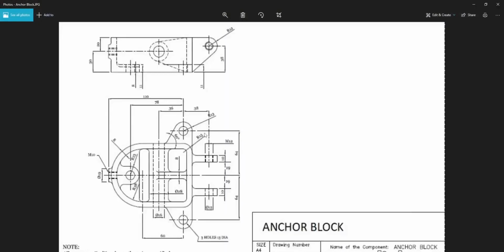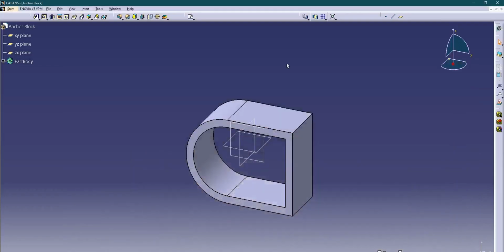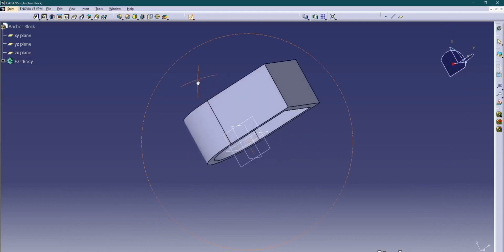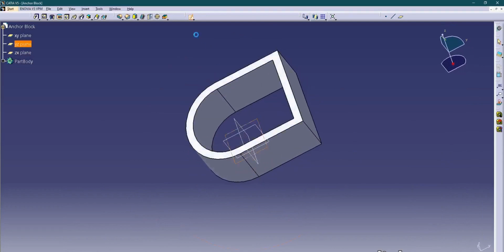Now the next thing is this plate which we see in the top view. Okay, we see that there are two plates, one is of 8 mm and the other is of 11 mm. So let us refer to the front view again. The base is this. So for that feature, we are going to consider the bottom face or this plane.